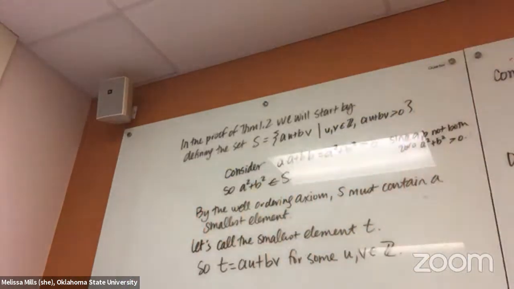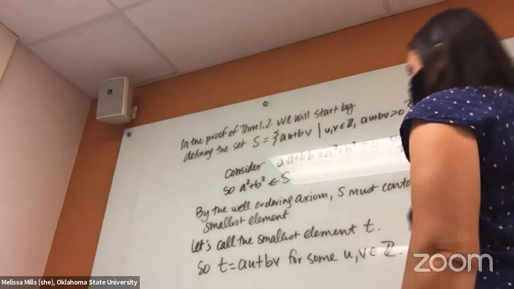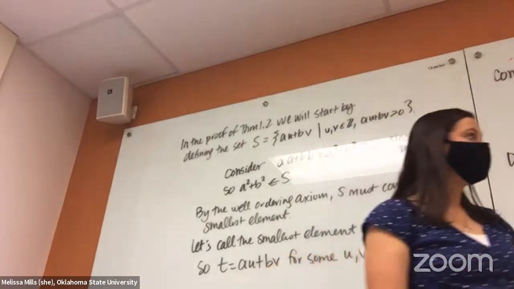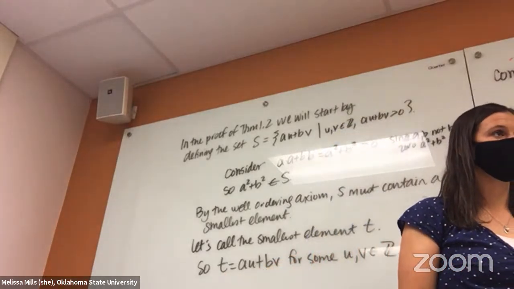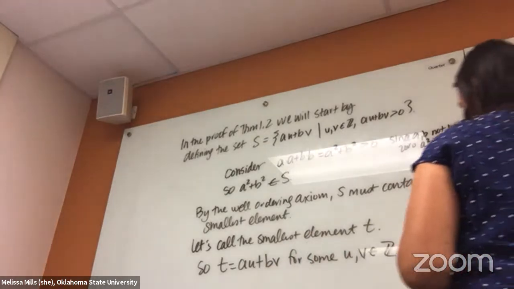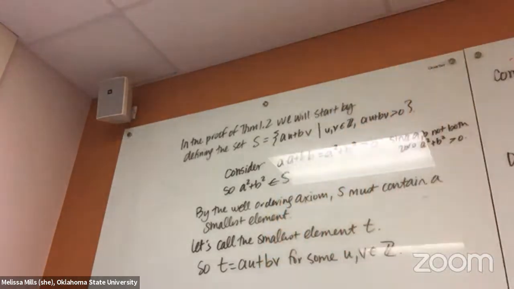And so what's the next step going to be? Well, we need to show that T meets the criterion of being the GCD. We're out of time, so let me just sketch out the next part of the proof, and we'll write the proof in its entirety at the beginning of next class.